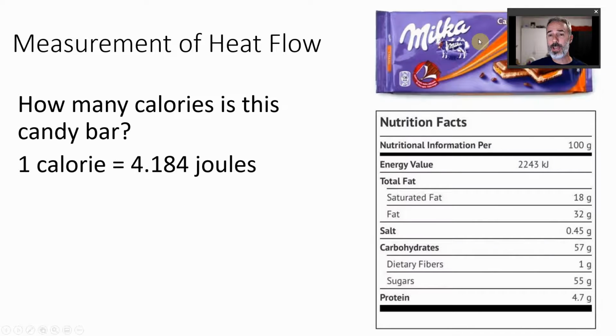Okay, so if I have a candy bar, a Milka bar, I love these things. Because these things come from Europe, I think Switzerland, maybe Germany, quite often in Europe, they give the energy value in kilojoules. In other words, if I'm worried about my diet, what I want to know is how many calories would I be consuming if I ate this candy bar.